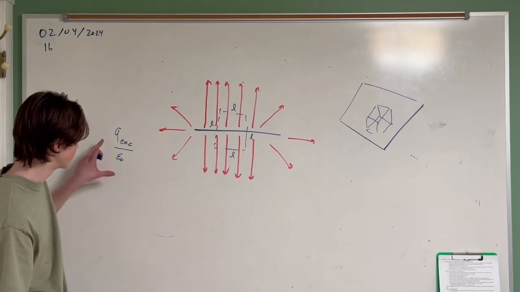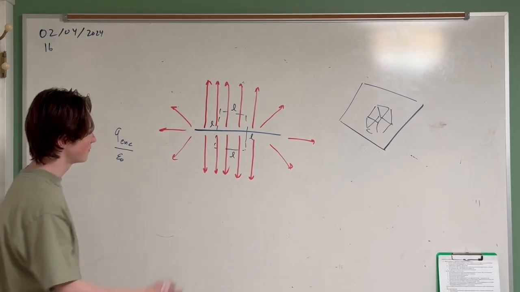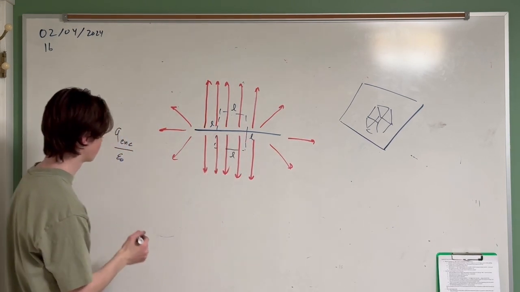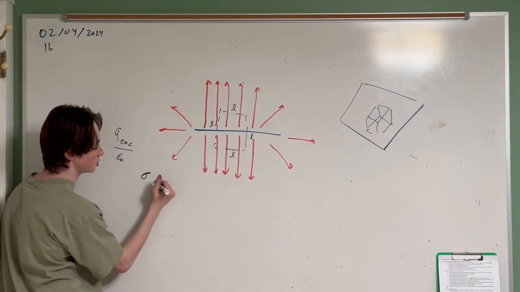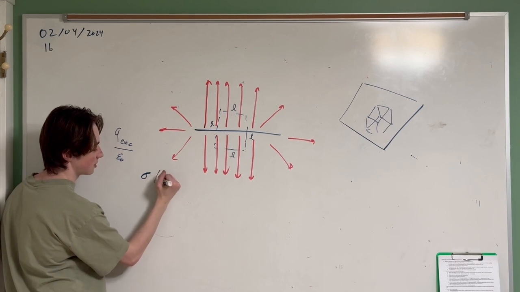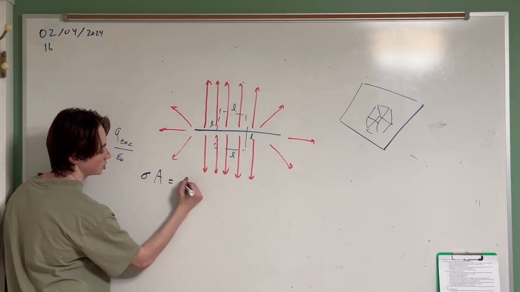So the first step is Q enclosed over epsilon naught. We have some area of the plate here, and we know the surface charge distribution times area is equal to Q enclosed.